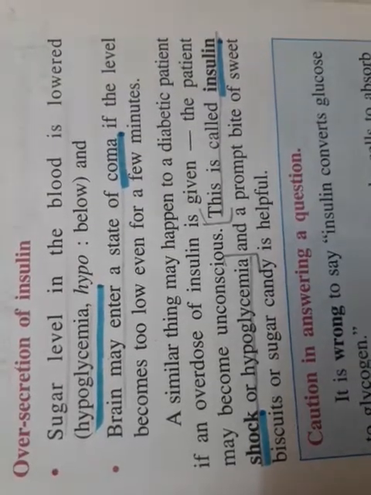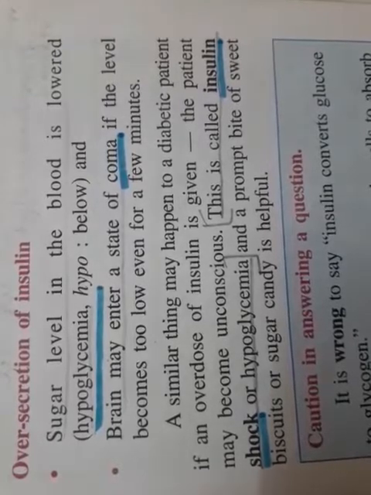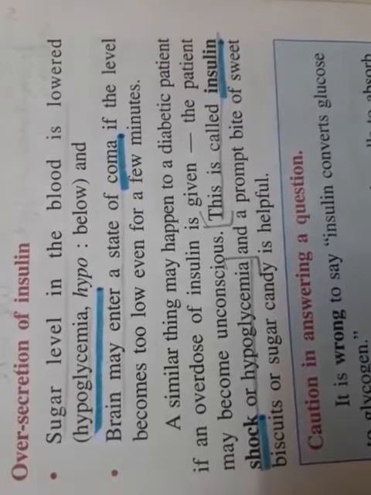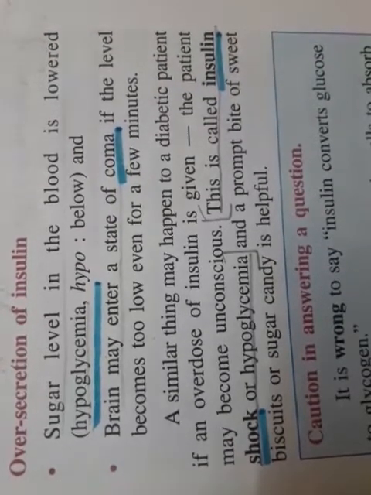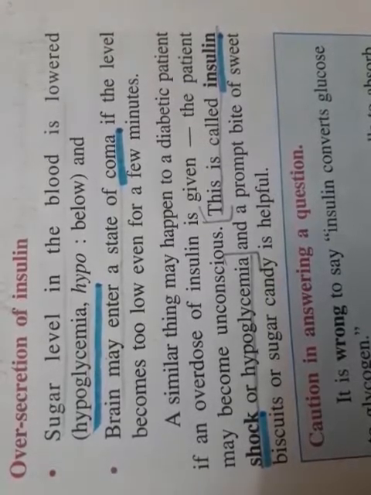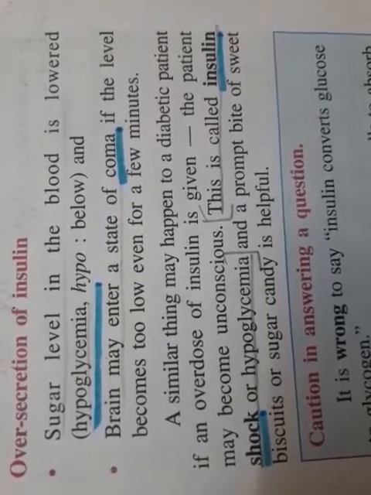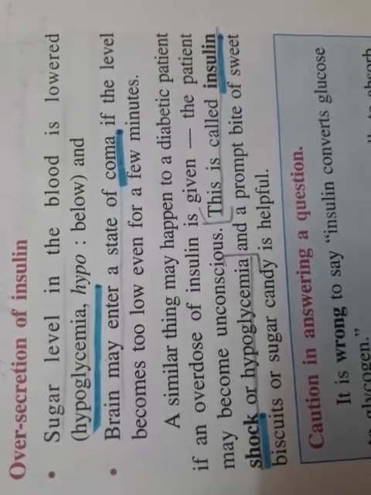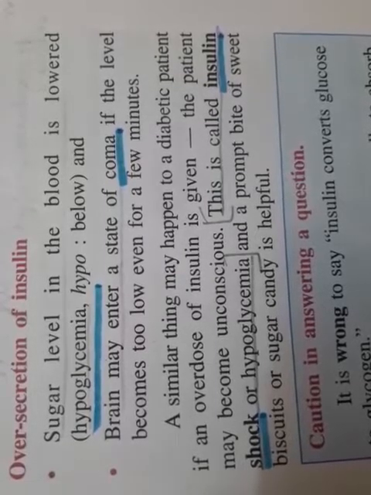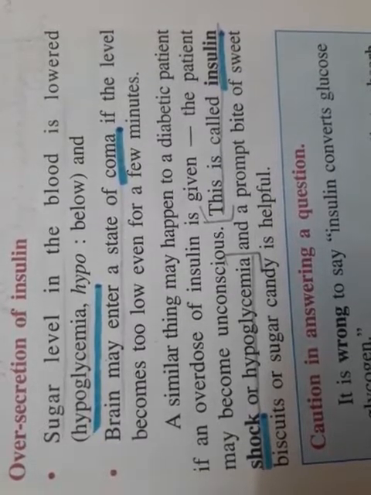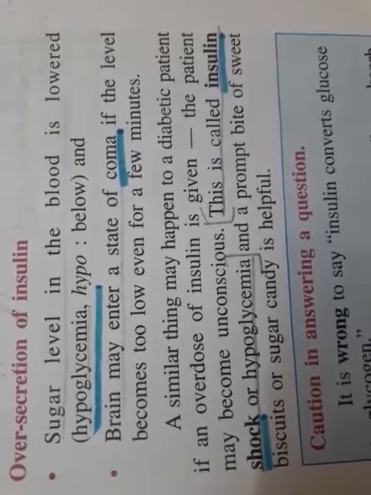That is why sometimes, children, when there is an overdose of insulin, if the sugar level goes very low, the patients are immediately given sugar candy, biscuits, or direct sugar dissolved in water. This is very dangerous situation. Insulin shock, hypoglycemia, when the sugar level becomes very low, it can be fatal to the person.